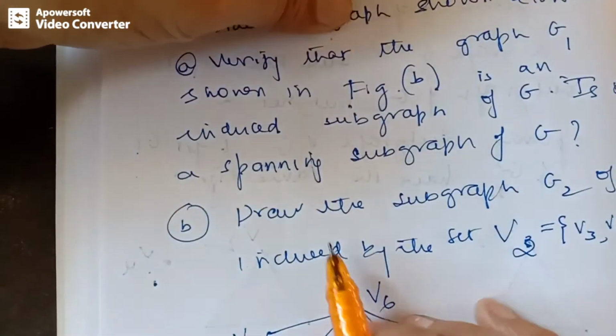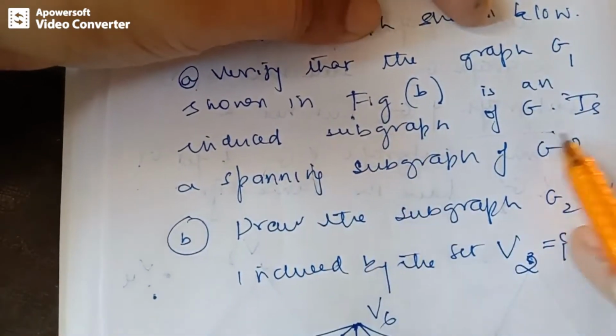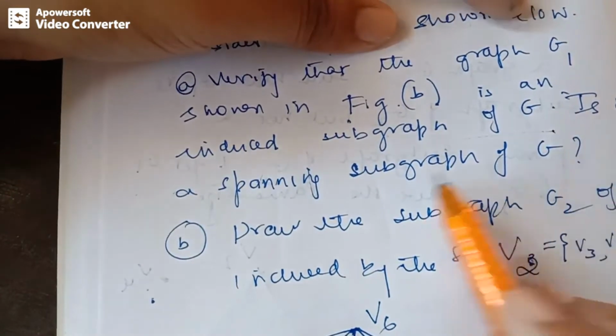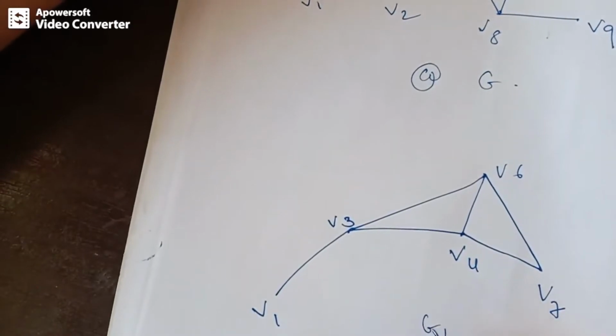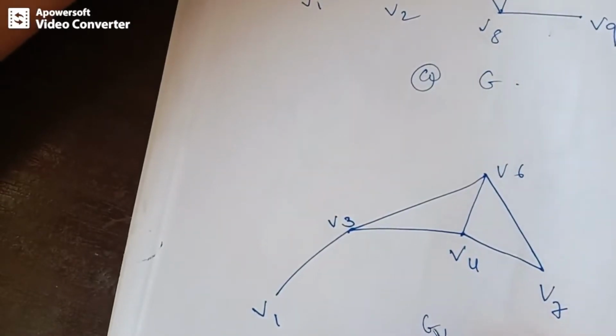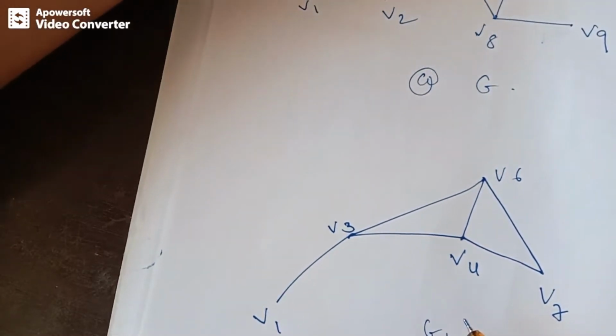Next, to find out whether it is an induced subgraph, we need to check whether G1 is an induced subgraph of G, and whether it is a spanning subgraph of G. First of all, for the definition of induced subgraph, as we know, whatever edge is there in G, there must be an edge in G1. We have to check that every edge of G between these vertices is an edge of G1.